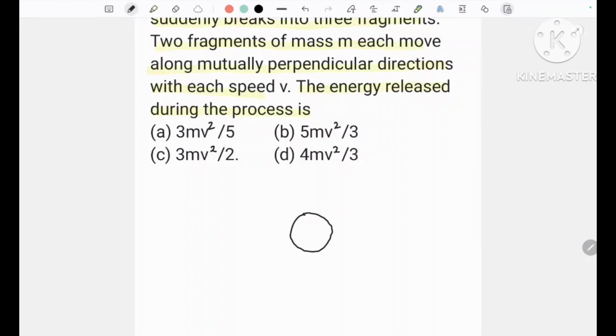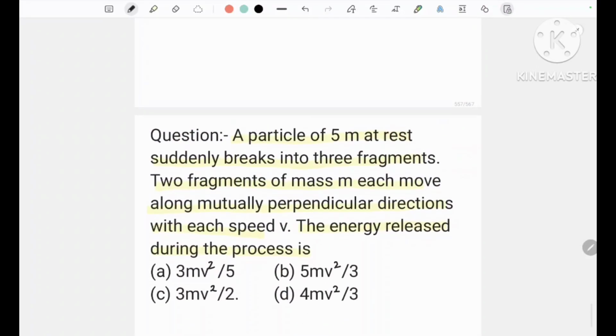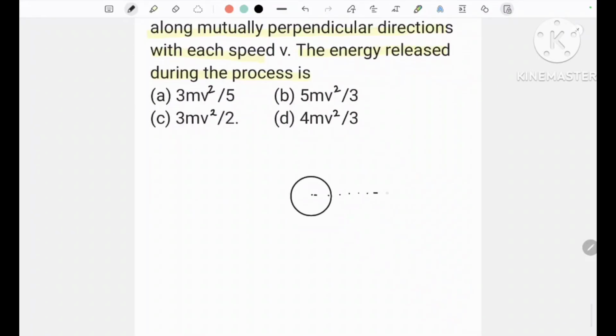Suppose this 5m is at origin, and its initial velocity is 0. One part goes along the x axis with mass m and velocity v2 is v i cap.